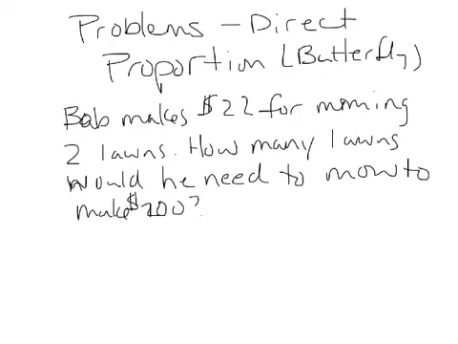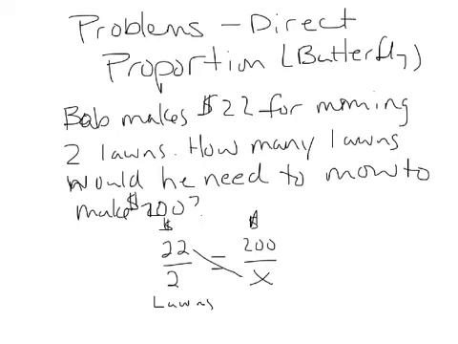So what we do is we're going to set up a proportion. He makes $22 for 2 lawns. So this is dollars and this is lawns. And we don't know the number of lawns, but we know he wants to make $200. When you get it set up like that, you're going to cross multiply. So this would be 22 times x is 22x equals 2 times 200 is 400.